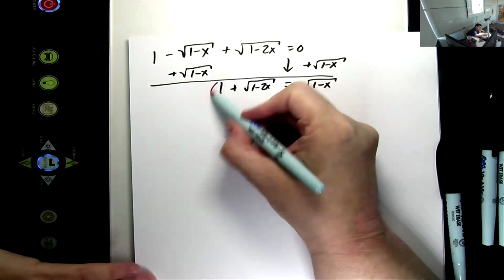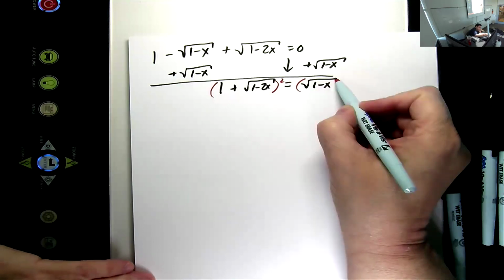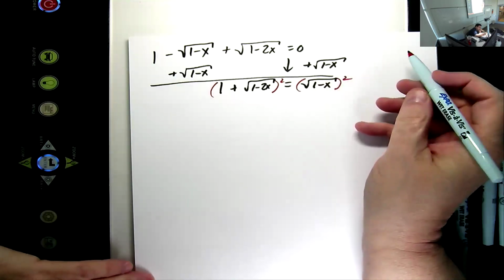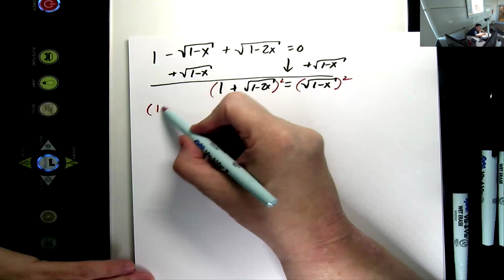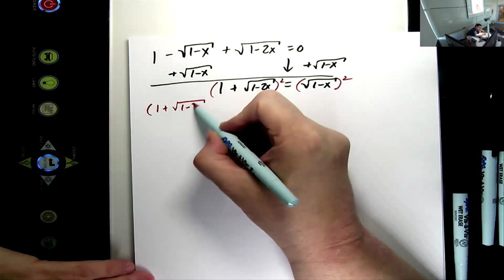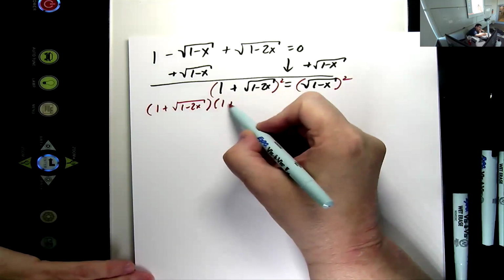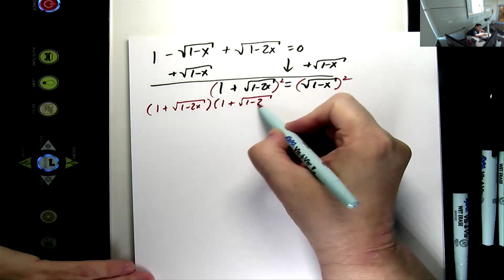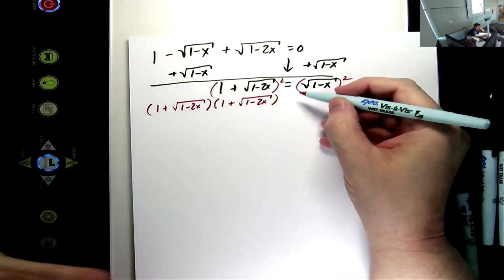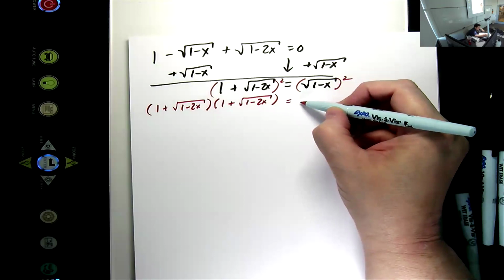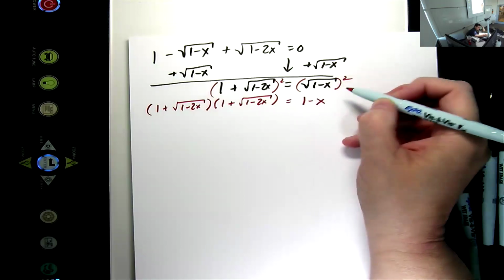Now, we will square both sides. It's important to recognize that the left side is this, which means we have to do some distributing or FOIL. The right side, the square root and the square just cancel out.